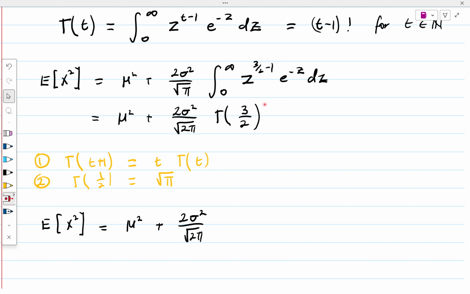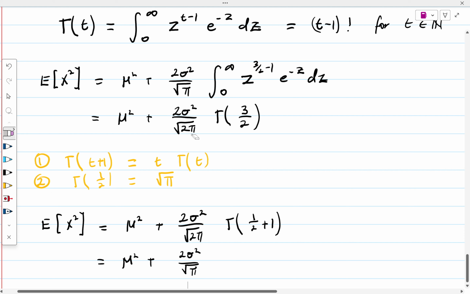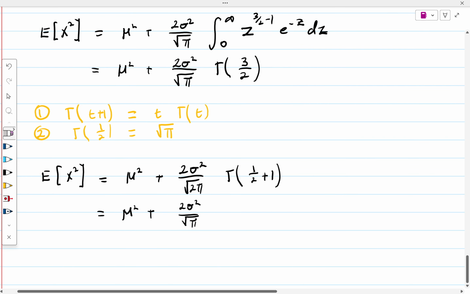Gamma 3 on 2, by virtue of the first property, could be rewritten as gamma of a half plus 1, times 2 sigma squared square root pi. Sorry, I think I made a mistake here. It's not square root 2 pi, it's just simply square root pi up above. So let me correct that everywhere.